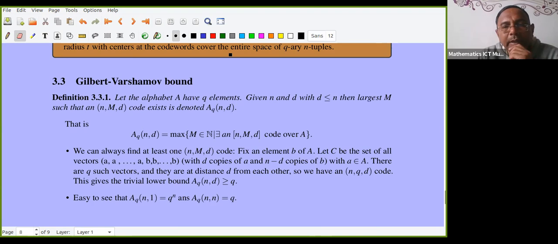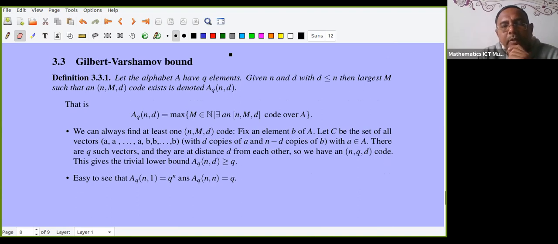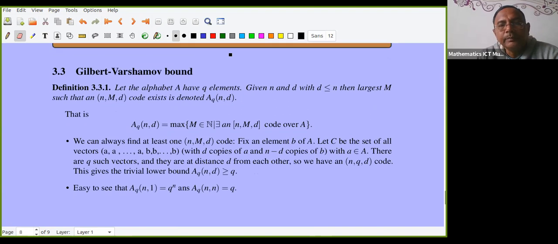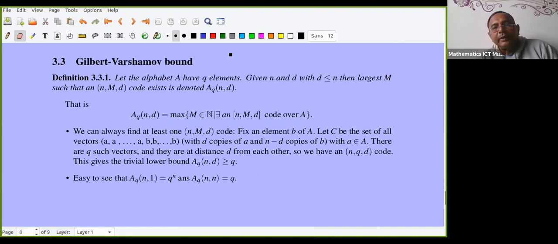Actually, for example, I have some d less than n, and I can construct an (n, M, d) code. I'm not saying it is a linear code. That's why it is possible to construct it. How?